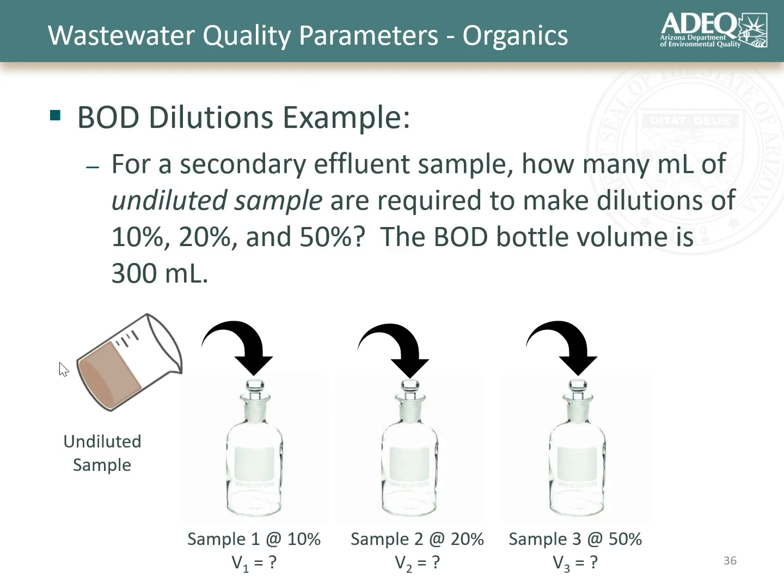Let's walk through an actual example for BOD dilutions in which we solve for how much sample we need to add so that we meet the dilution amounts of 10%, 20%, and 50%. In this example, the final bottle we want to fill, the BOD bottle, is a 300 milliliter bottle.